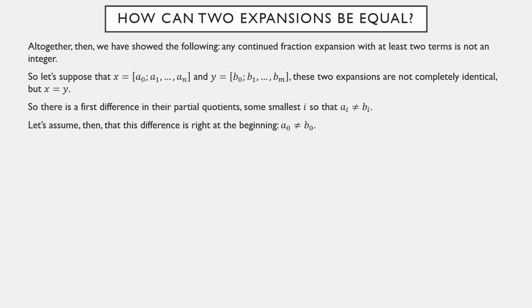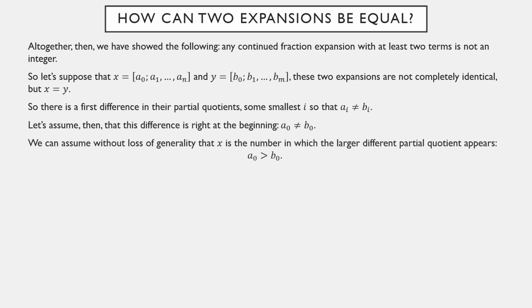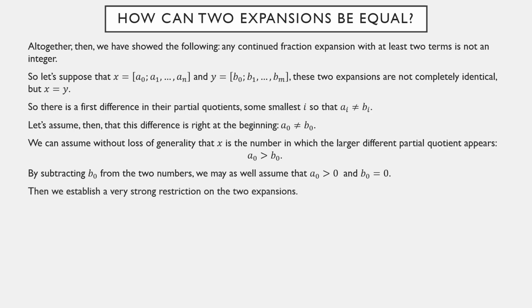So let's assume that a0 is not equal to b0. Furthermore, let's just assume that a0 is the bigger one. If the two numbers are different, one of them is bigger than the other. So let's say a0 is larger than b0. If I subtract the integer b0 from both numbers, we may as well assume that b0 is 0 and a0 is positive.